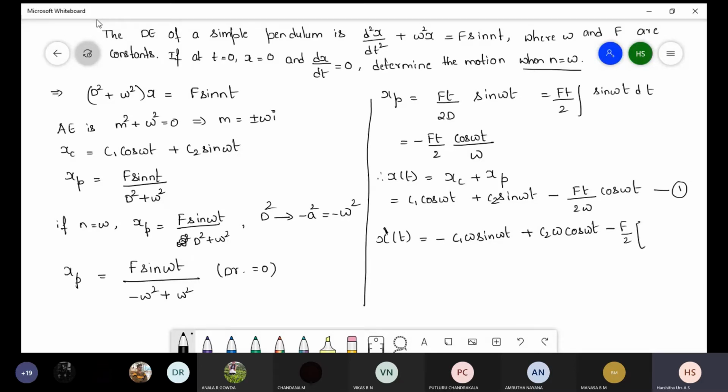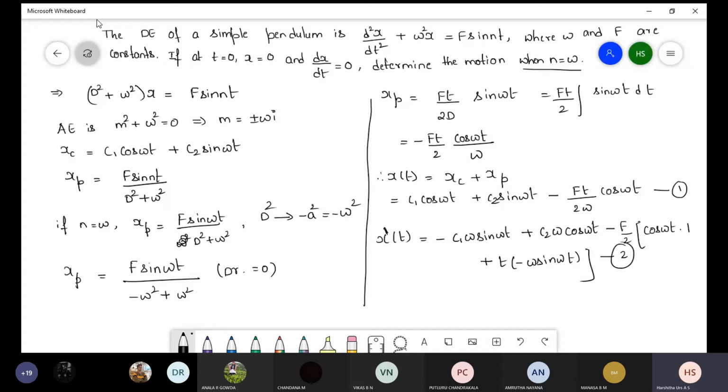First, I will write cos wt as it is, with the differentiation of t being 1, plus, again t I will write as it is, and the differentiation of cos wt is minus w sin wt. Now call this equation 2.